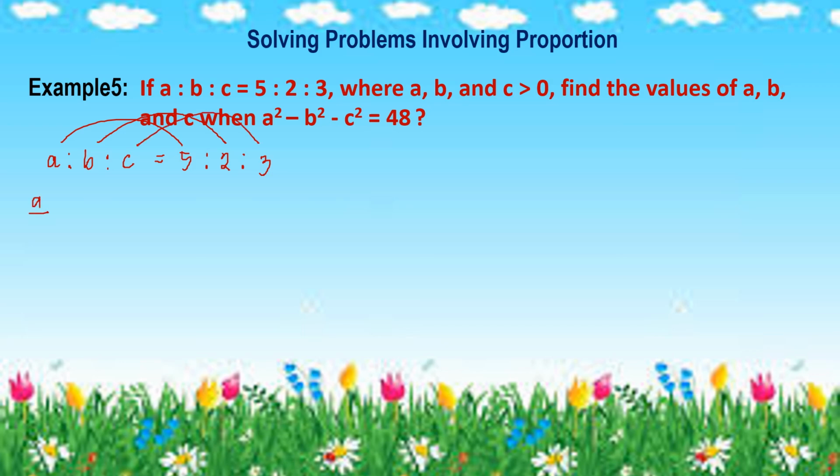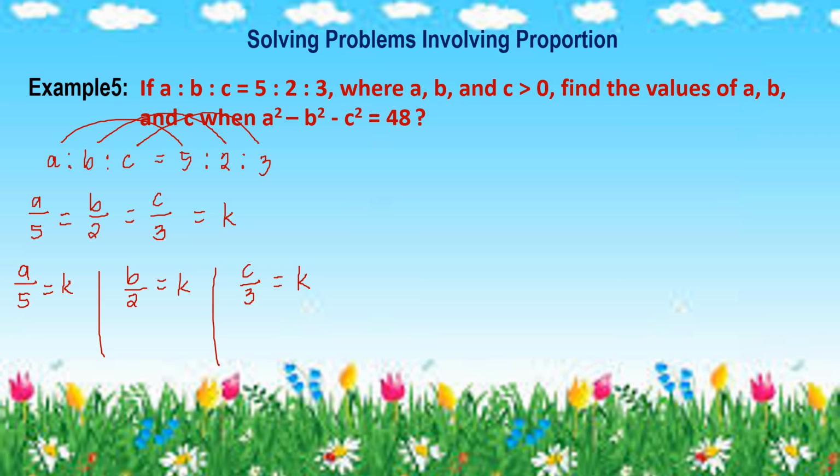Therefore, we have a is to 5 is equal to b is to 2 is equal to c is to 3 is equal to k. So equate each of them to k. We have a is to 5 is equal to k, b is to 2 is equal to k, and c is to 3 is equal to k. By cross product property, a is equal to 5k, b is equal to 2k, and c is equal to 3k.